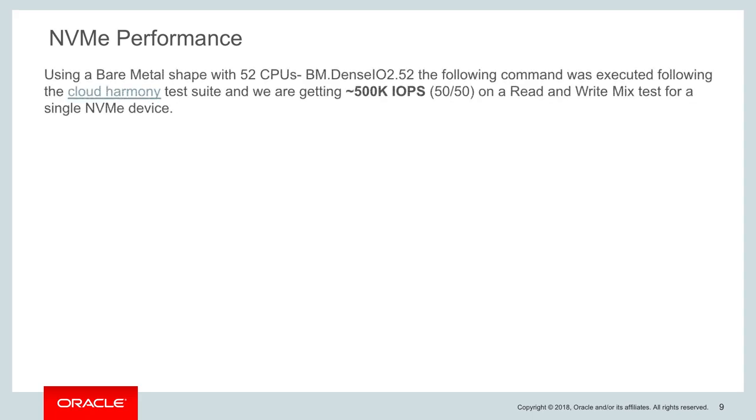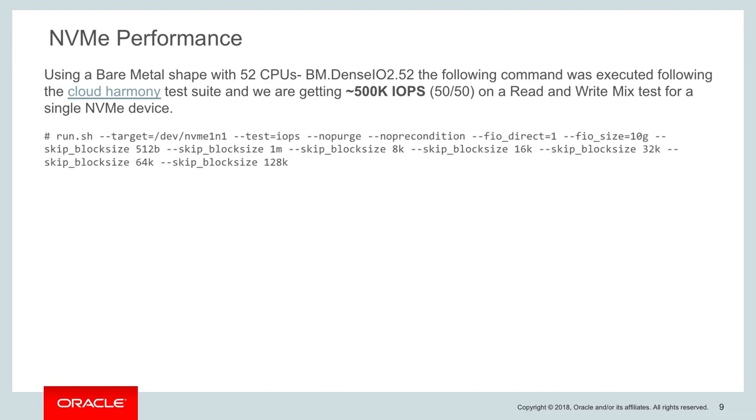All right, let's talk about some NVMe performance. Here's one thing I want to show in terms of performance. We use a tool from Cloud Harmony, which is publicly available. You can access that tool in GitHub repositories and use it to create your own benchmark on storage in OCI.